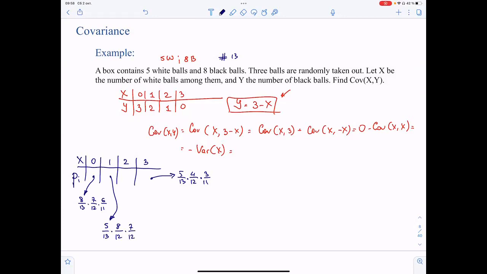And that should be multiplied by 3 because I may grab the white ball first, or the first is black and the second is white, or the first 2 are black balls and the white one is the last one. Because I have 3 possible combinations of the white and black balls, I must multiply by 3.